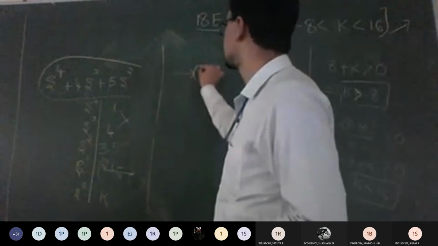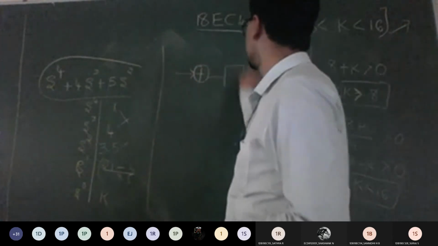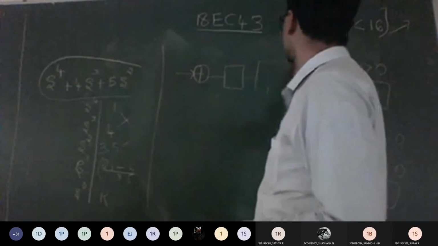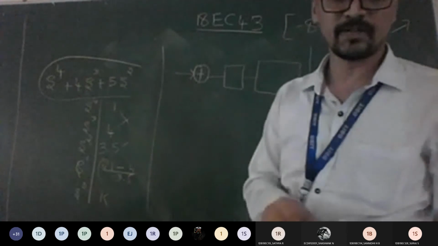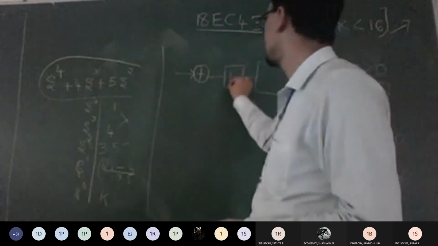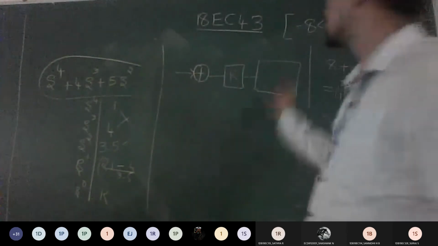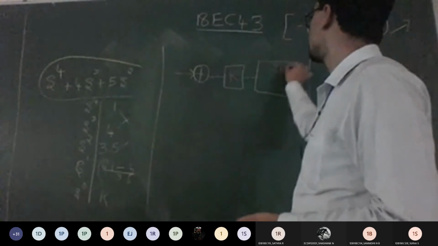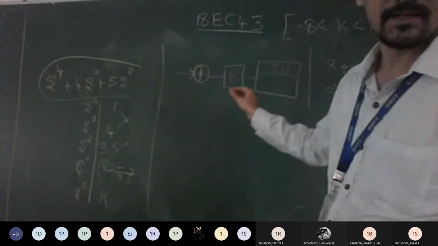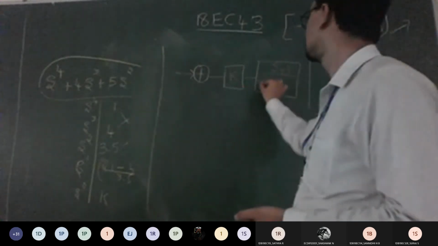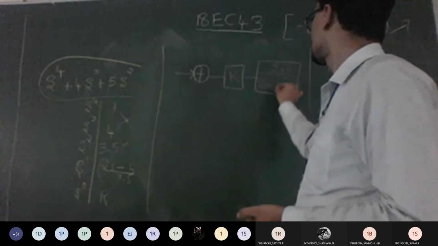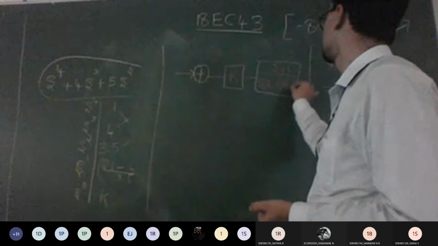Okay, I'll put up the question. The system is having two blocks. One is k and one more is s plus 1 divided by s into s minus 1 into s plus 6.